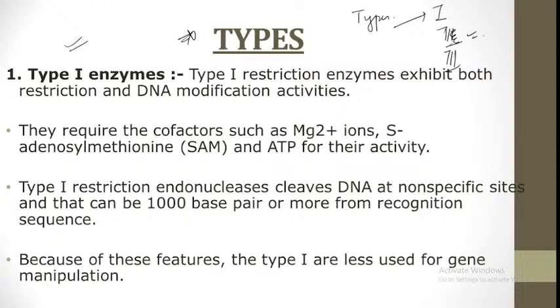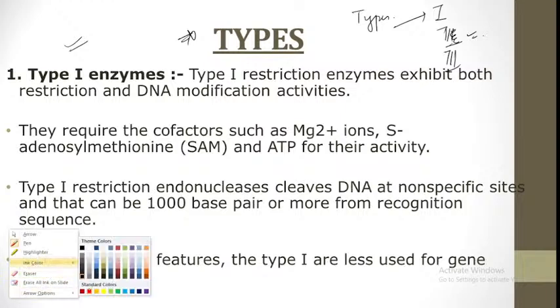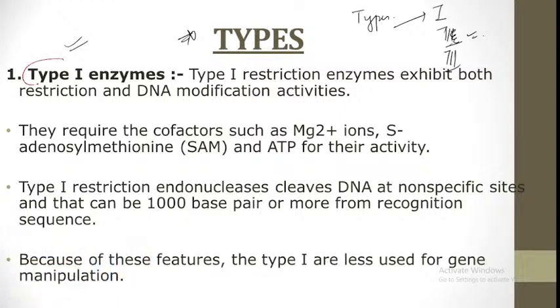So now let's understand the types of restriction digestion enzymes. We have 3 types: type 1, type 2 and type 3. So what is type 1 all about? Type 1 enzymes exhibit both restriction digestion and DNA modification activities.